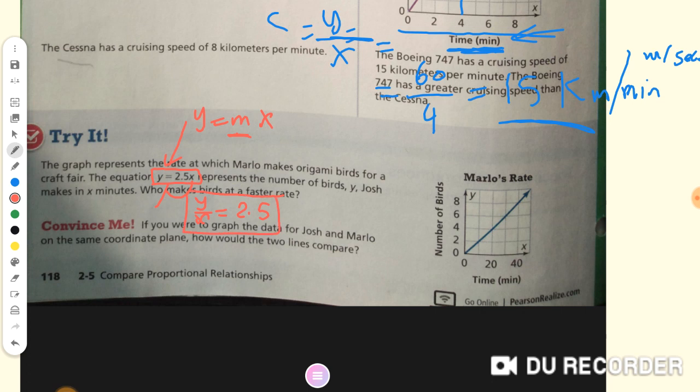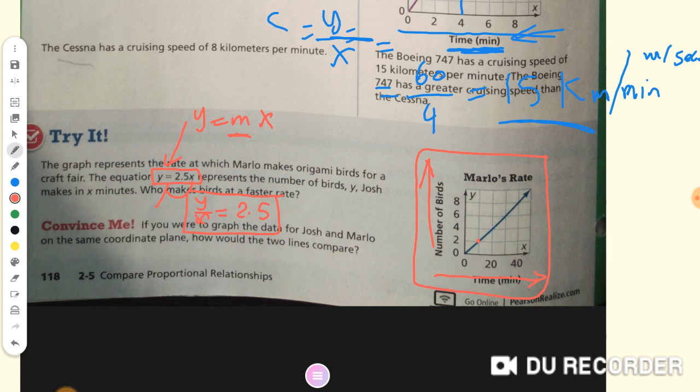Let's read this example. The graph represents the rate at which Marloes makes origami birds for a craft fair. So this graph belongs to Marloes. It shows the number of birds on y and the minutes on x.